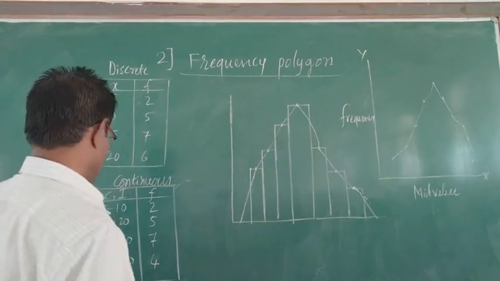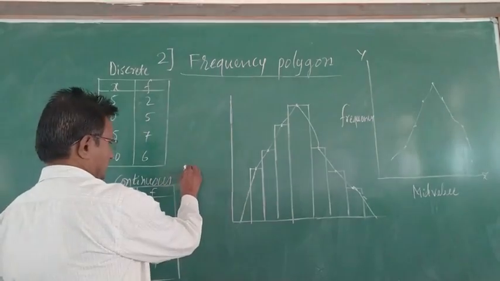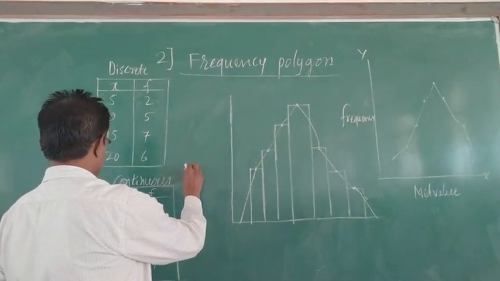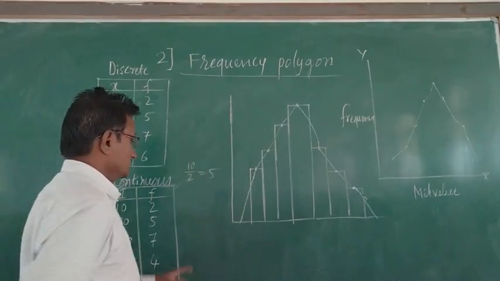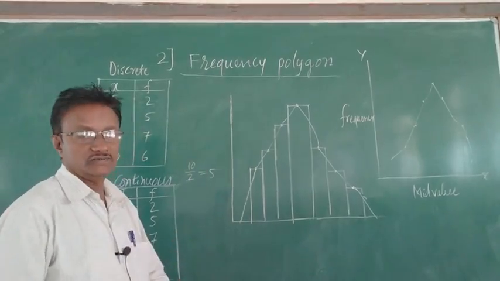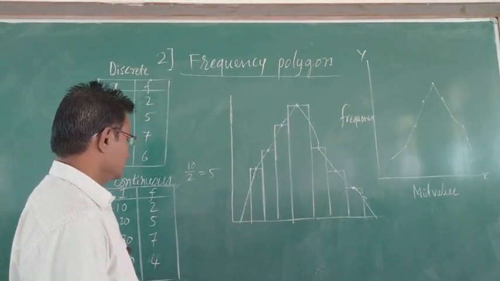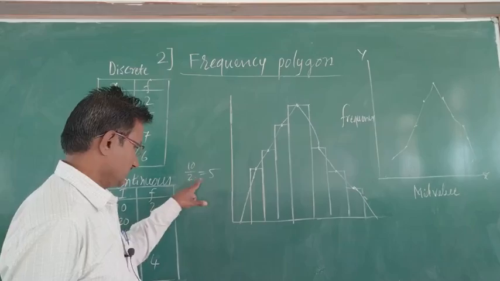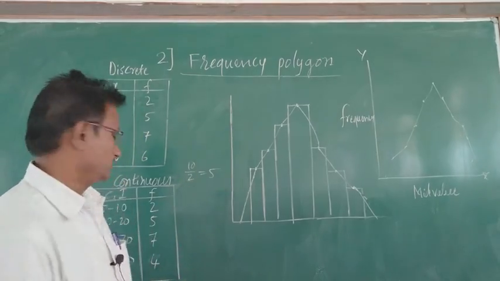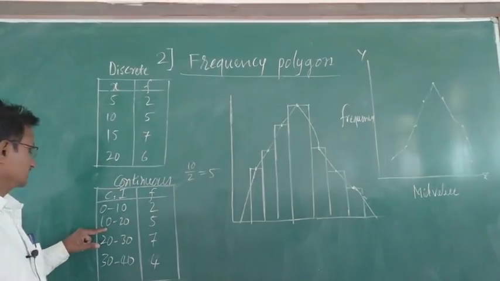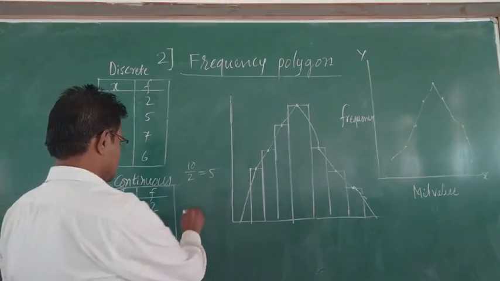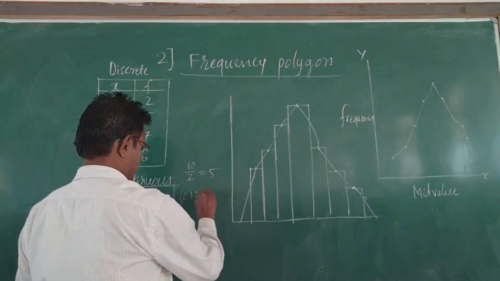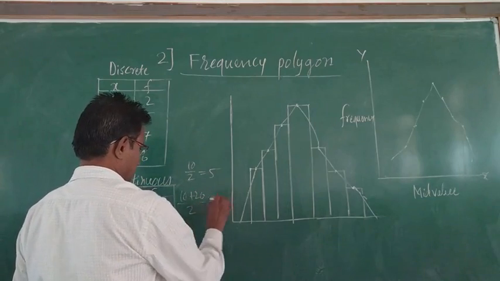So here for 0 to 10, 0 plus 10 is equal to 10, divided by 2. Average means two values, so we have to divide the 10 by 2, then we get 5. So 5 is the mid value. For the next class interval 10 to 20, the mid value is 10 plus 20 divided by 2.